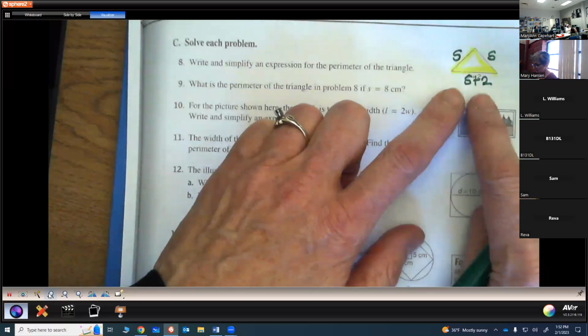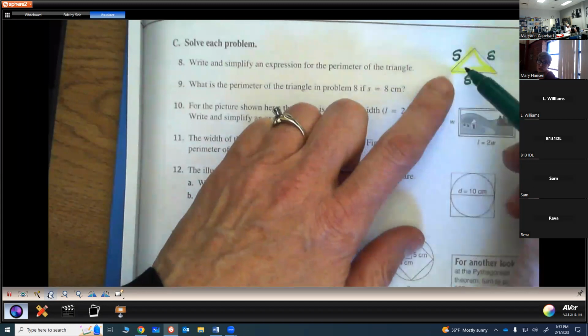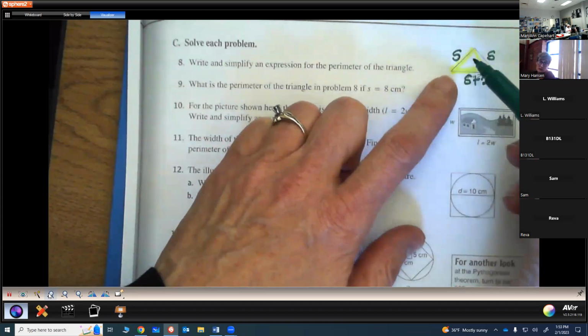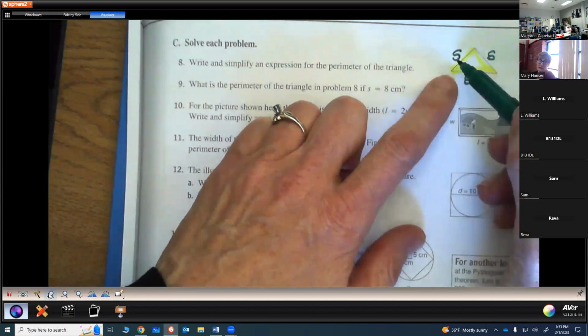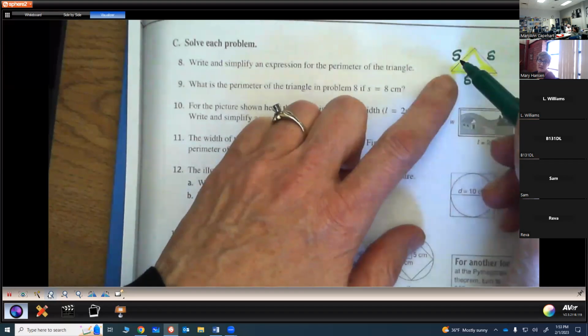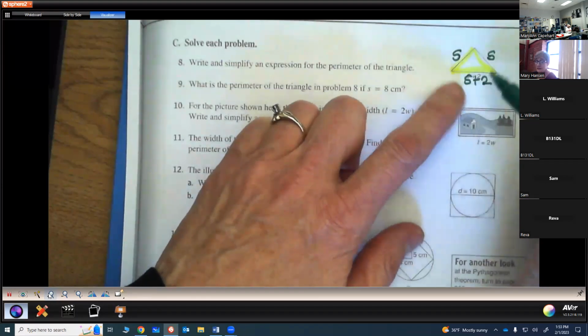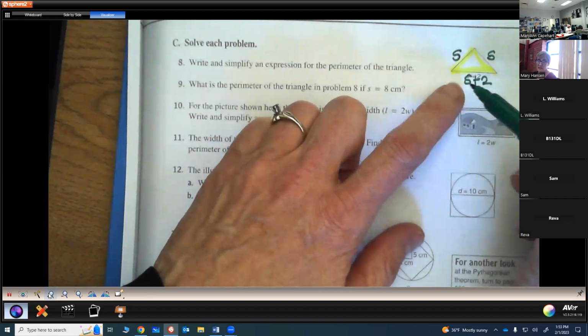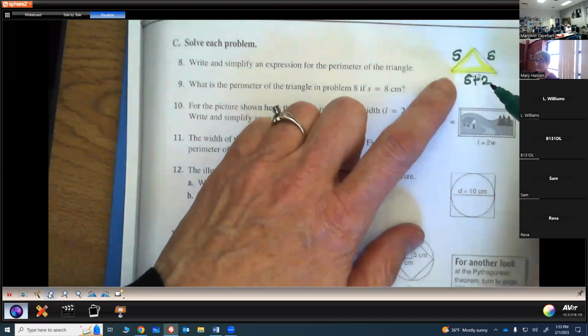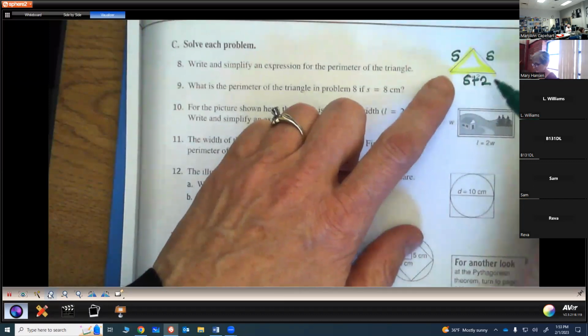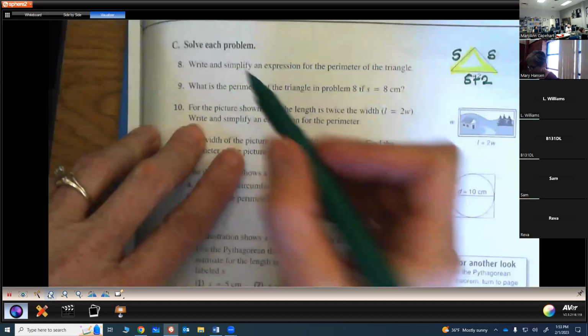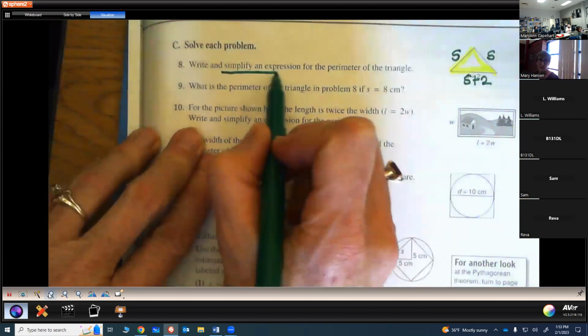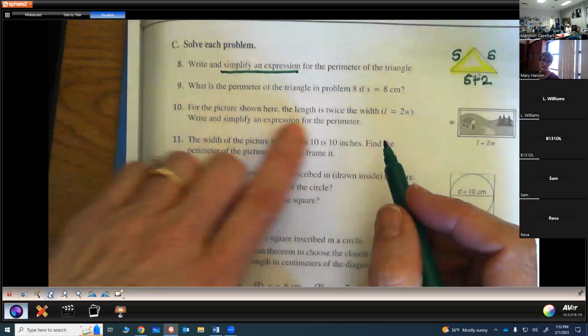And this side length here is S, and I don't know what number it is, but if this S was 5, then this side would be 5 and this side would be 7. But in actuality, we're not going to be able to get a number like the perimeter equals 10 because we don't know what some of the sides are. And that's why it says, write and simplify an expression for the perimeter.